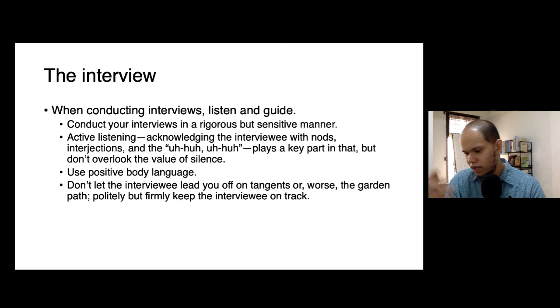Sometimes the interviewee doesn't know that he or she is veering off course, but there are some interviewees who are actively trying to derail the interview. They're going to give you false leads. They'll probably say something else that's not important. But you have to be on the watch out. You have to make sure that you are able to pull them back on track, and you can do that if you are listening very well to your interviewee.